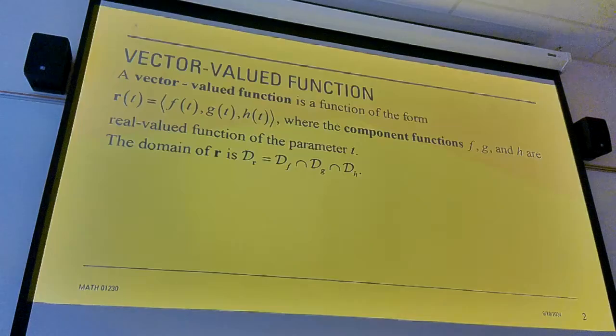Look at that diagram. That's the intersection. They're not U's either. That means intersection. That symbol is a cap. It's called a cap.